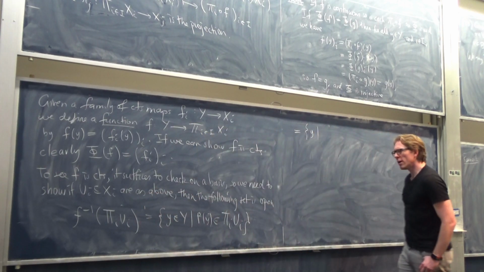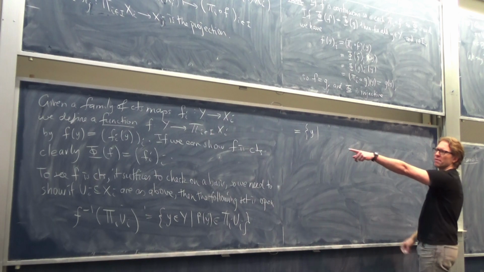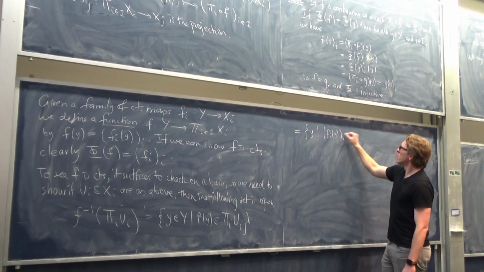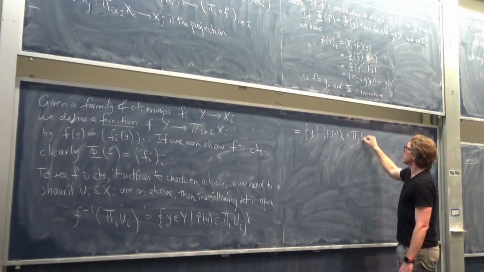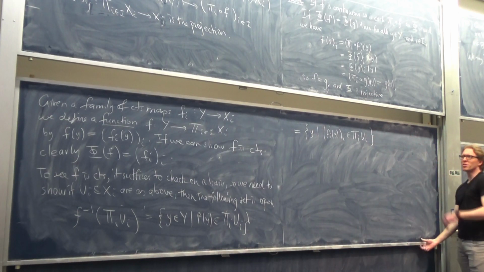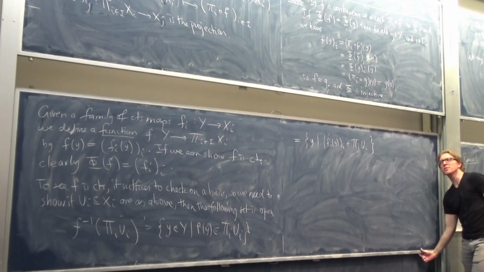But that's all the y's. I mean, f of y by definition is that sequence, right? fi of y. Well, that's something I can check position by position in the sequence, right?